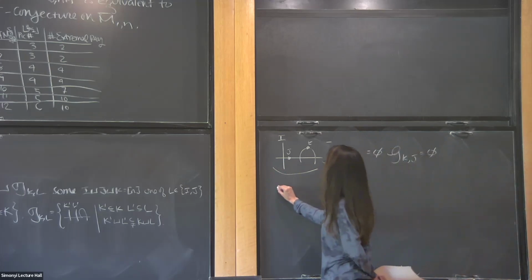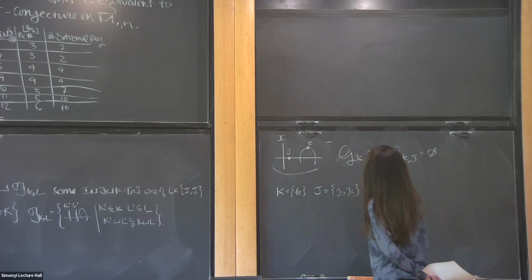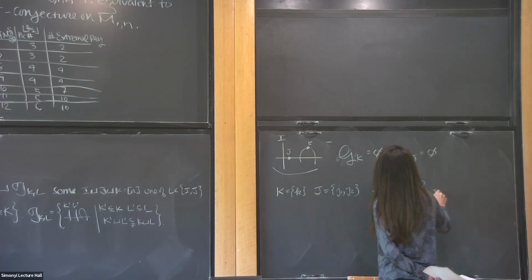And for example, if we take K to be a singleton and J to be 2 points, then still GK is empty, but now GKJ has 2 more curves.